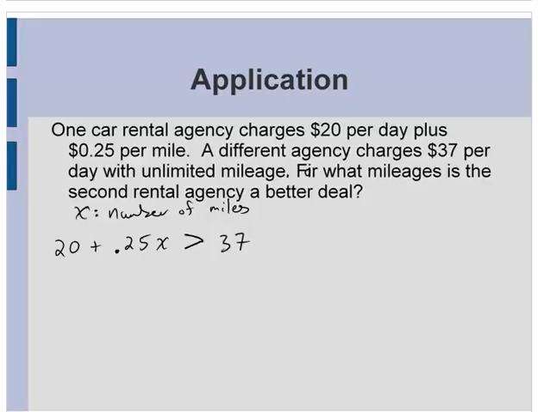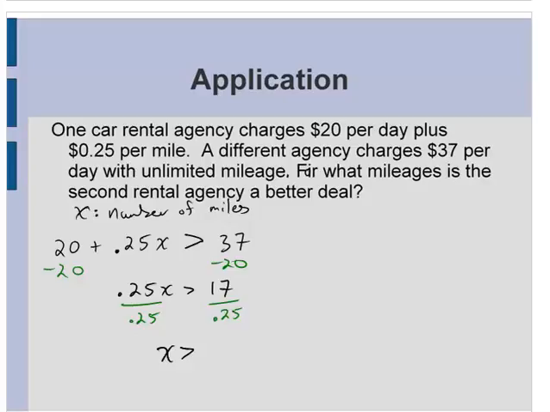All right, so now let's solve the inequality, subtracting 20 from both sides. So 0.25x is greater than 17. And let's see, dividing both sides by 0.25. That wouldn't change the symbol. Oh boy, 17 divided by 0.25.